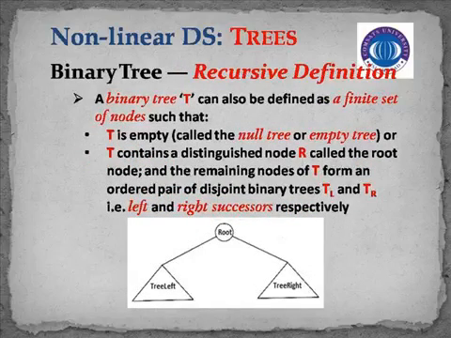A binary tree T can also be recursively defined as a finite set of nodes such that T is empty, called the null tree, or T contains a distinguished node R, called the root node, and the remaining nodes of T form an ordered pair of disjoint binary trees TL and TR, that is, the left successor and the right successor respectively.